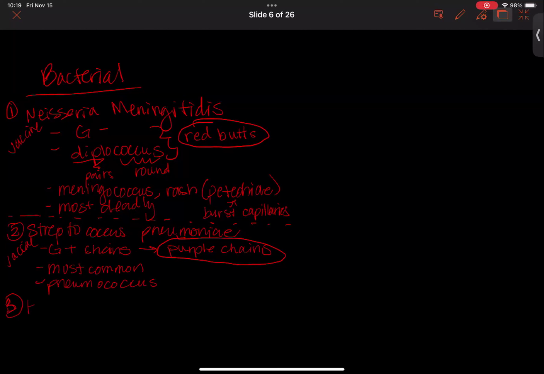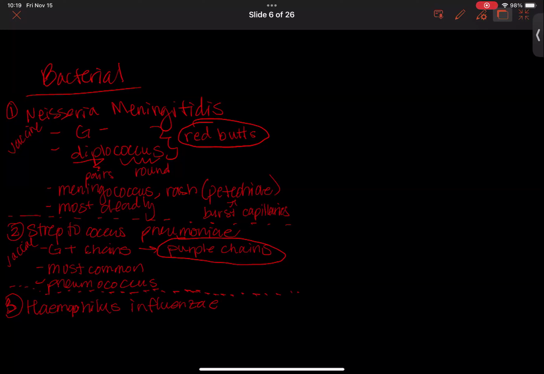So this is Haemophilus influenzae. And for what it's worth, yes, the way that I actually am writing these out on here is the correct spelling for them, if you guys are concerned about that. So Haemophilus influenzae, and then we're going to have Listeria monocytogenes after that.